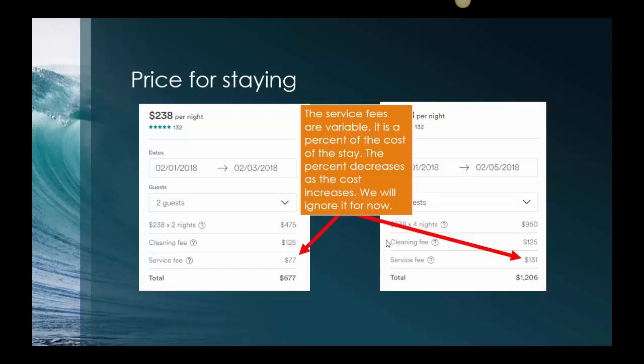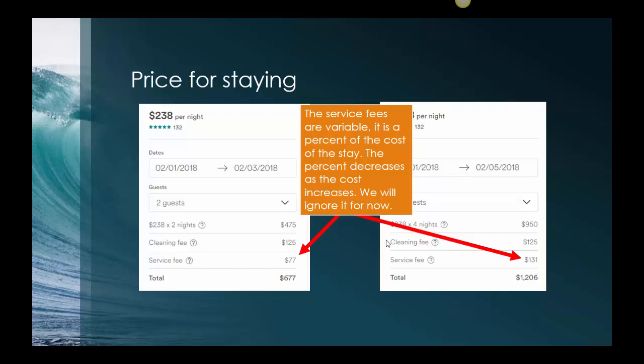Ouch, right? That's really expensive. And they can decrease to about 5%, but that's like if you're staying a month or 6 months or something. So the longer you stay, the less the fee is, because the fee pays for them to advertise, to keep the site going, for lots of little things that cost in the running. If they're having to sell it 2 nights here, 2 nights there, whatever, they need a lot of money to keep advertising. If you take it for 6 months, they don't need to spend any money advertising because somebody already rented it. So they do reward you for longer stays by giving you a smaller percent.